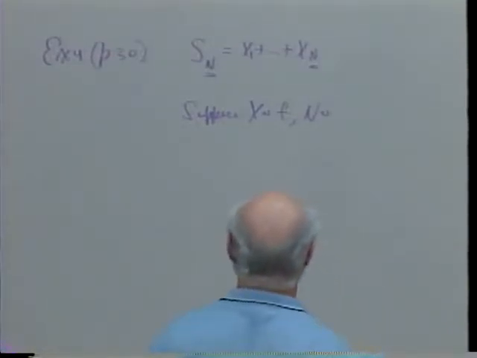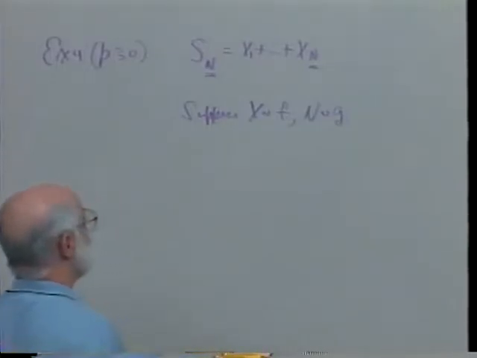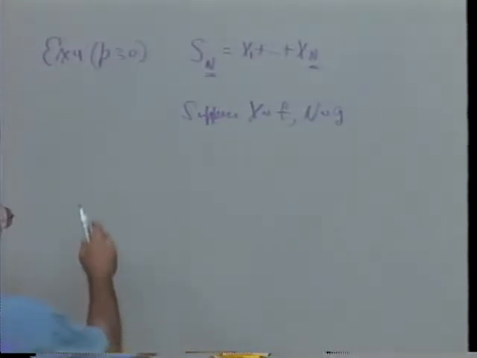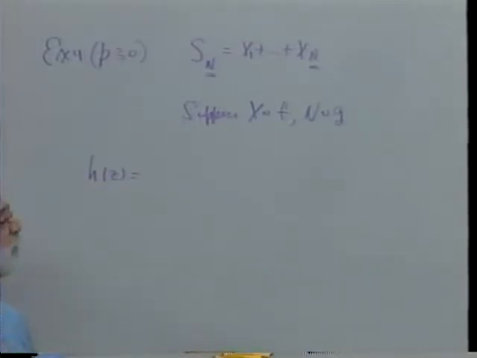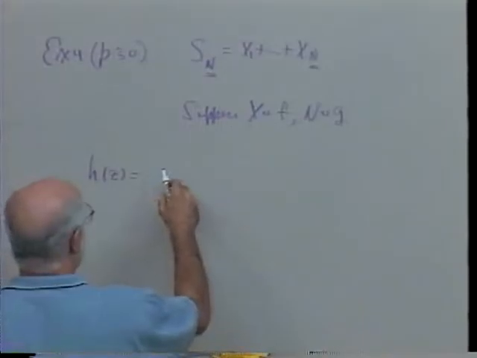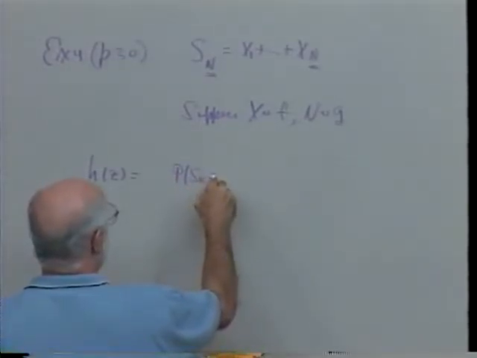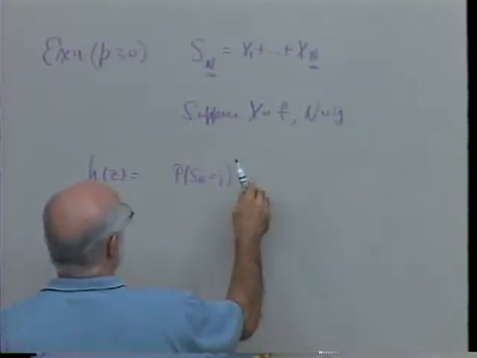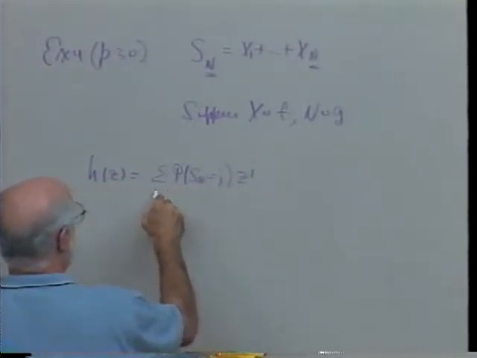G. So let's let h of z be the generating function of S_N. So h of z is the sum over all j of the probability that S_N is equal to j times z to the j.